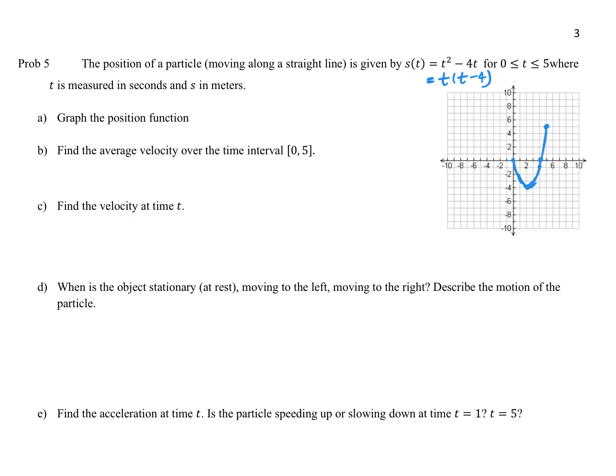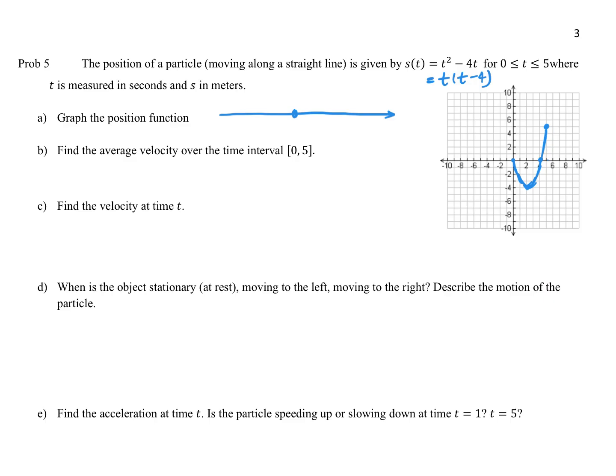Just by looking at this position function, we can have some idea of this motion. Suppose this particle is moving on this straight line. When t is 0, the position is 0, which means at the origin.